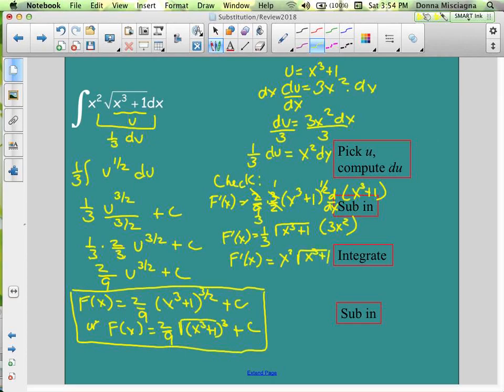Right? So you can see why we needed the 2/9: the coefficients canceled out when we took the derivative, and that's why we just had the x squared. Not too hard. Once you get the hang of these, not too hard.